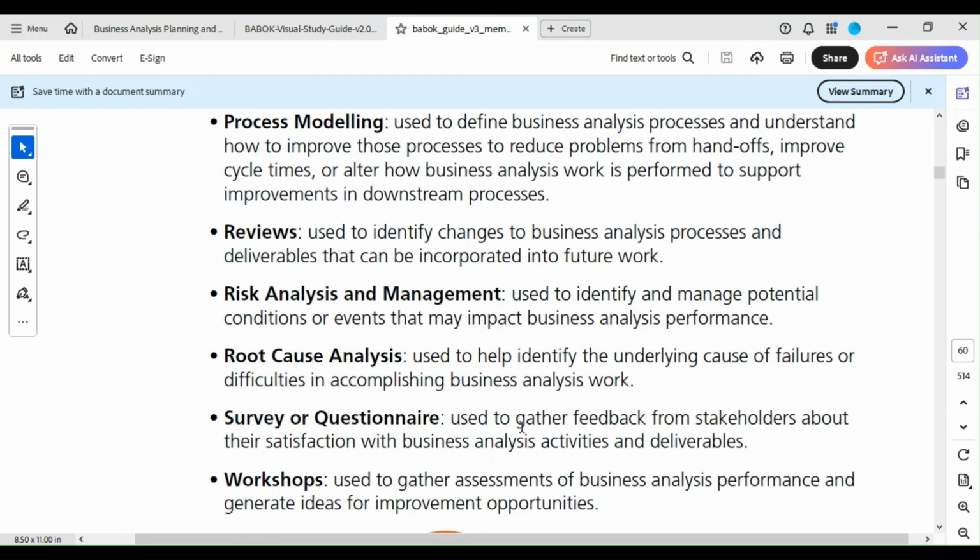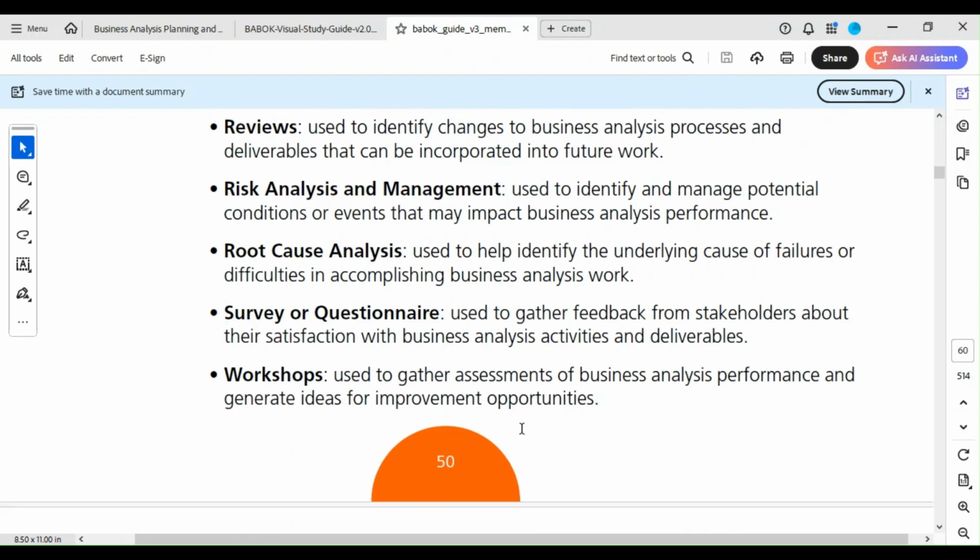Reviews, used to identify changes to business analysis processes and deliverables that can be incorporated into future work. Risk analysis and management, used to identify and manage potential conditions or events that may impact business analysis performance. Root cause analysis, used to help identify the underlying cause of failures or difficulties in accomplishing business analysis work.